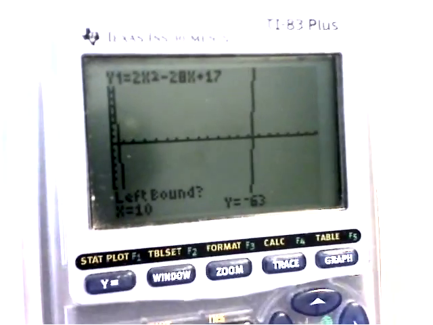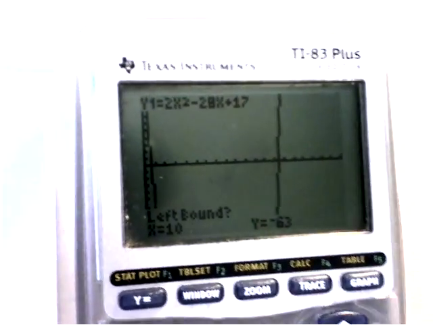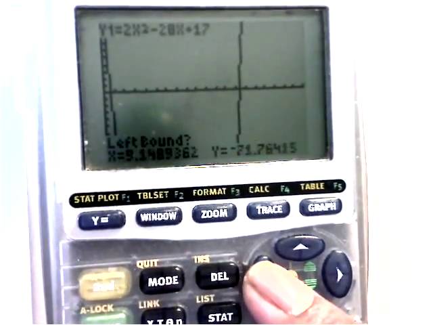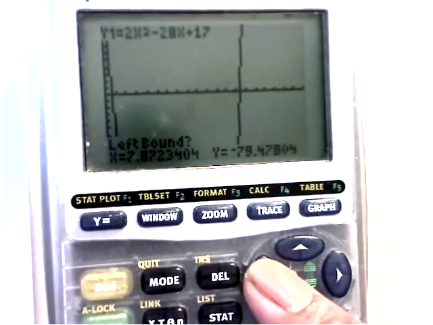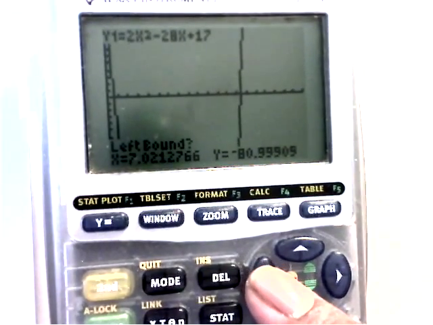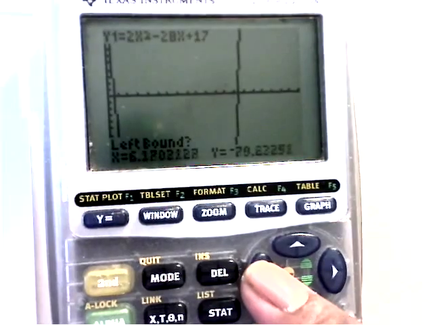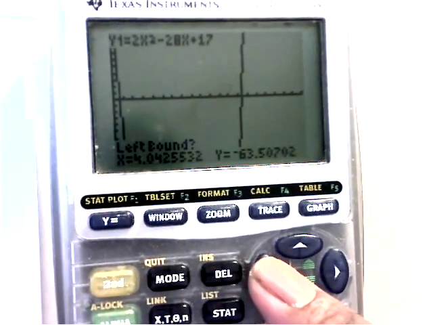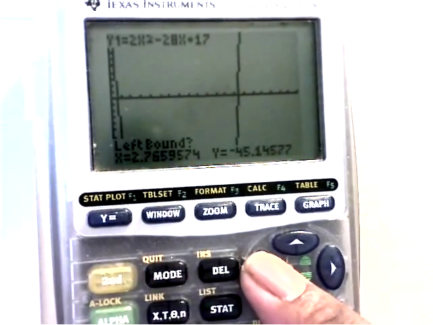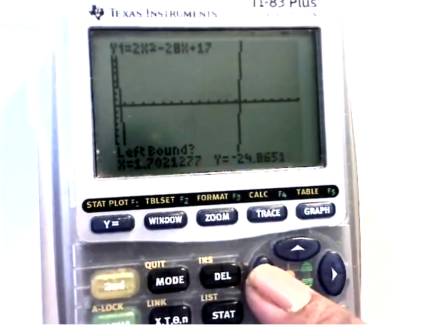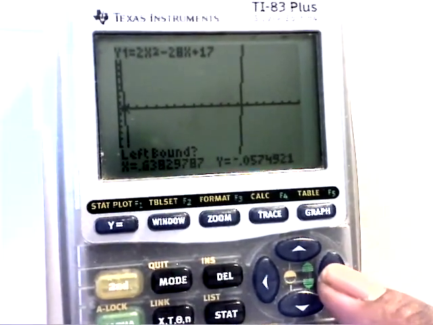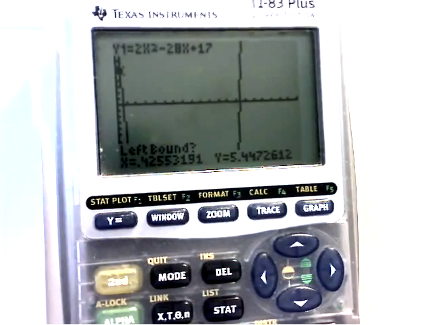And then for left bound, we're going to use our left arrow key to position the cursor somewhere above it. And you have to keep pressing the left arrow key until you can see the blinking cursor. Forgive me, it's taking a while. There we go. Okay, there it is.